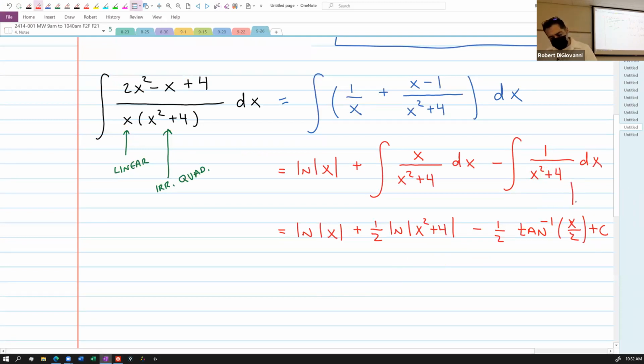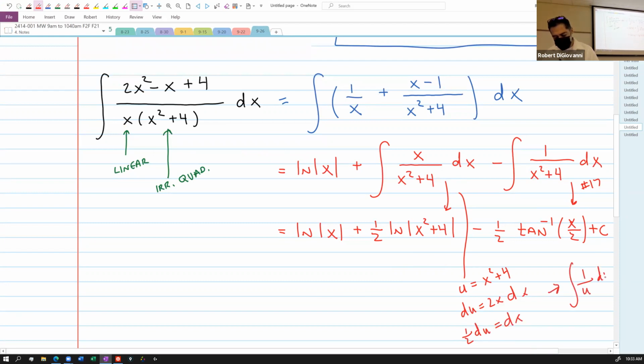And this one from here to here is a u sub, let u be the bottom. The derivative of that is 2x dx. You have to scale both sides by 1/2. And when you do that, the integral then becomes integral 1 over u du, but there was the 1/2 out front. Okay. There we go.